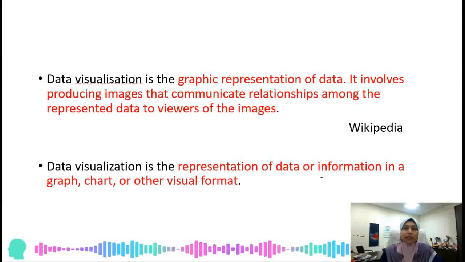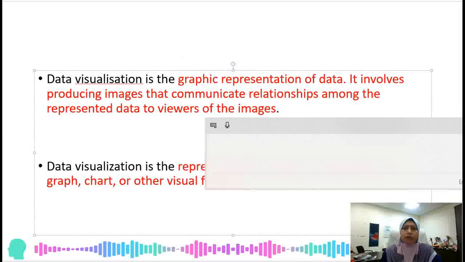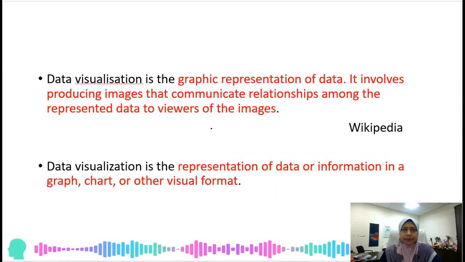Next, let's take a look at this one by Wikipedia. Jangan ingat saya tidak pergi kepada Wikipedia ya kawan-kawan. Wikipedia says that data visualization is the graphic representation of the data. Lepas tu dia kata it involves producing images that communicate relationships among the represented data to viewers of the image.